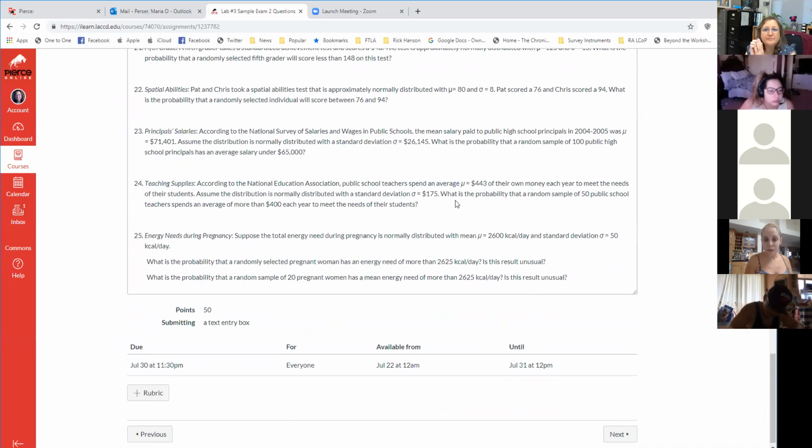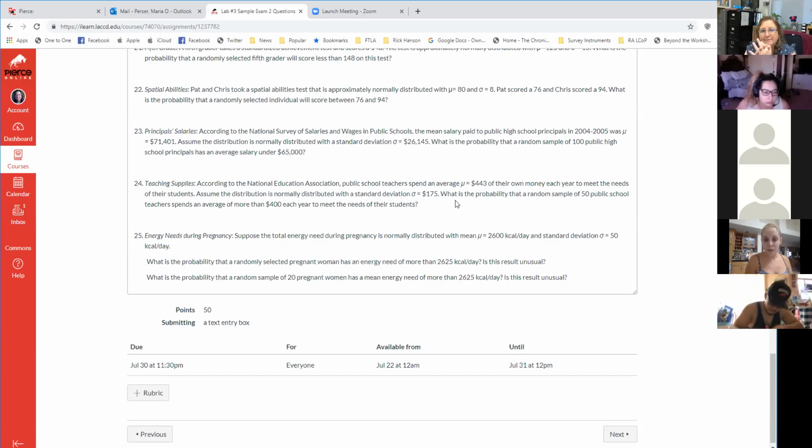This is the standard error of the sample mean we're looking for. And what key terms in this problem tell you that you have to use a different formula than the one in Chapter 5? A random sample of 50 public school teachers.